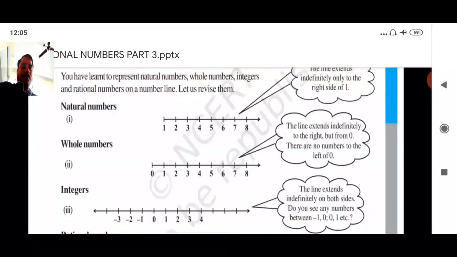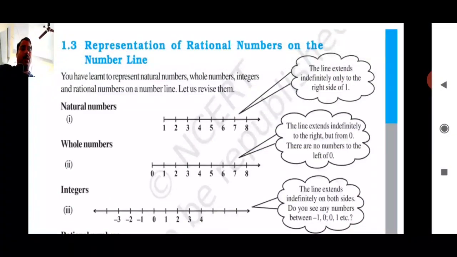Next, to represent a rational number on a number line, before that we have revised how to represent natural numbers, whole numbers and integers on number lines. Students, you already know about natural numbers and how to represent them on number lines.